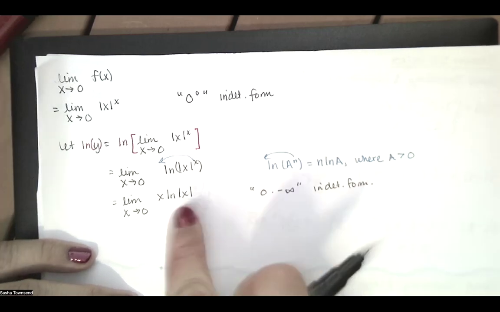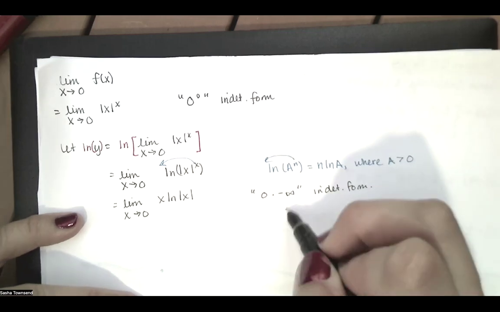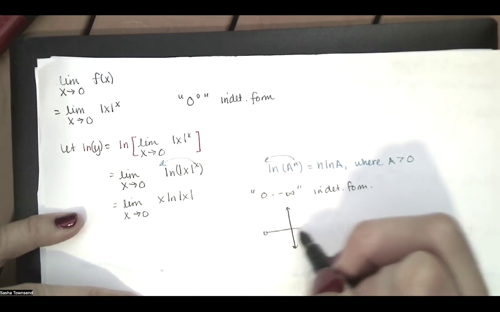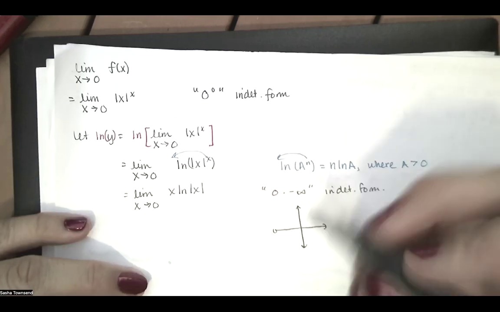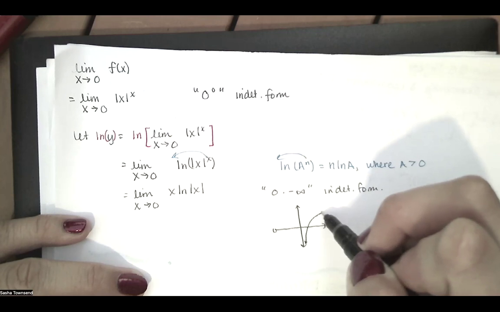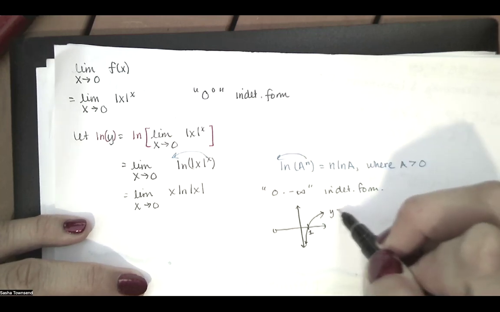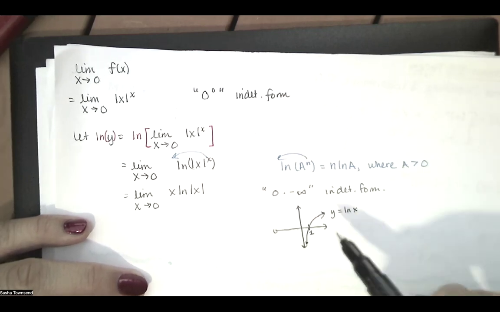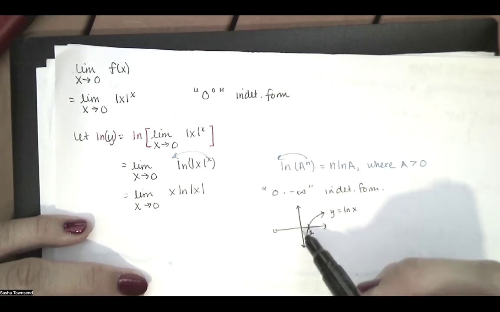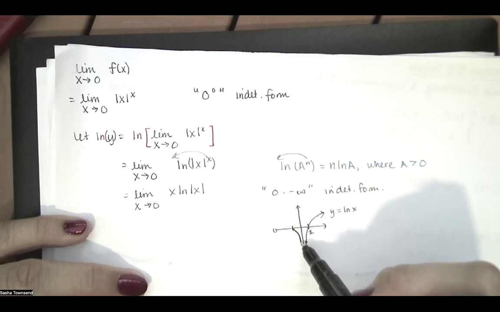Now, if you're saying to yourself, what does the natural log of the absolute value of x look like? Well, it looks just like the natural log of x, except it's going to be well-defined when x is positive or when x is negative. So natural log of x looks like this. Now, when x is negative, we just have the reflection of that. We're going to see something that looks like this.